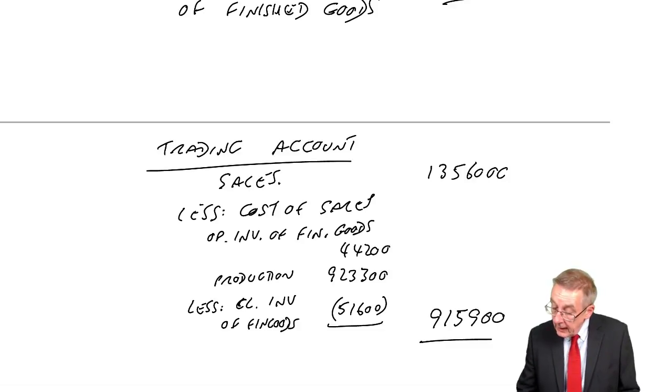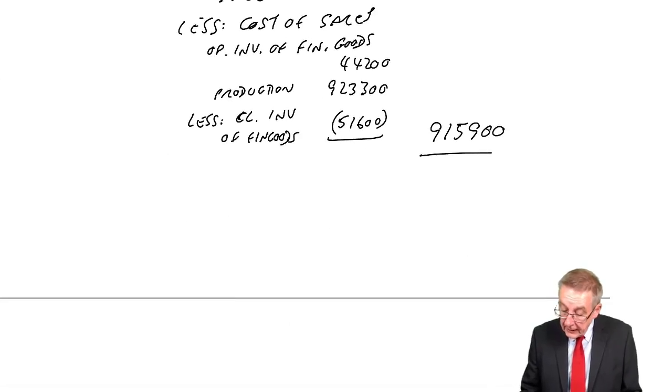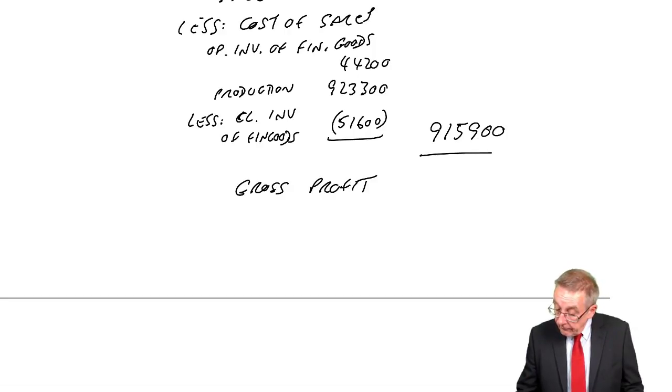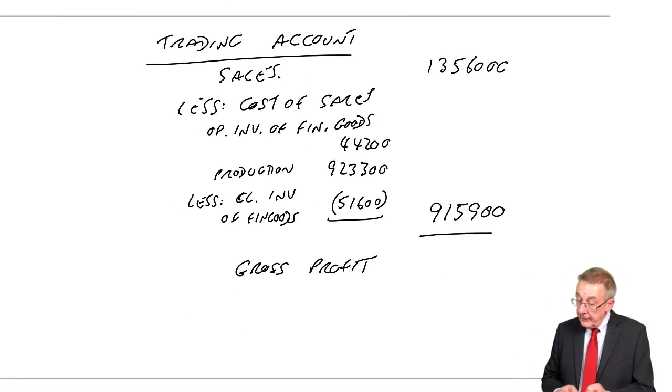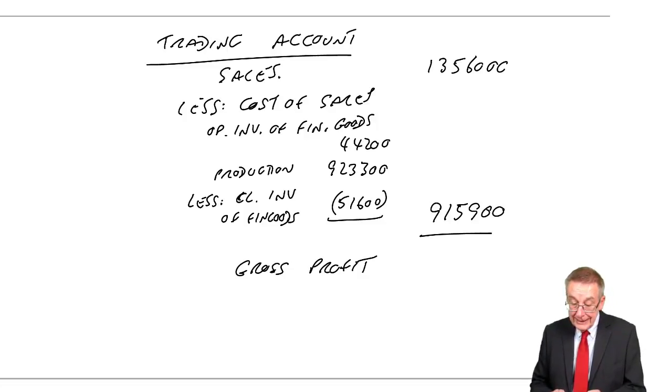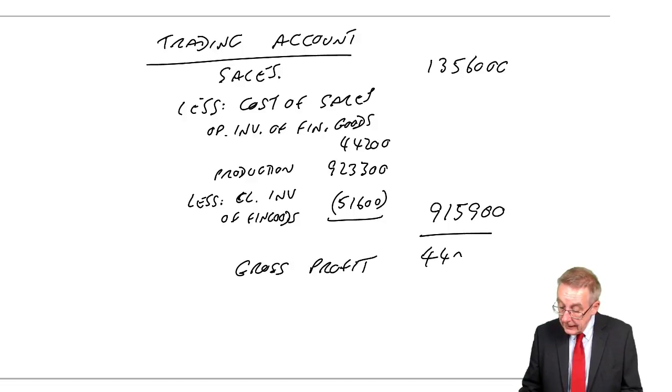915,900, which finally gives us a gross profit of 1,356,000 minus 915,900, 440,100.